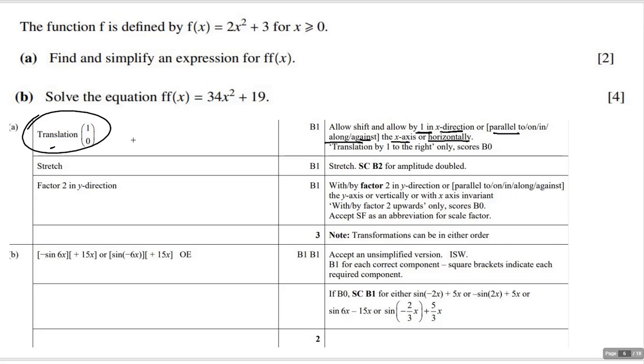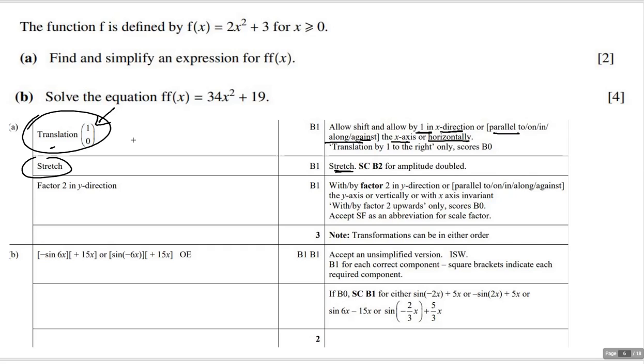But again, I really recommend that everybody try to learn this notation in describing a translation because this says all that. And then we talked about the stretch and we got this is fine.